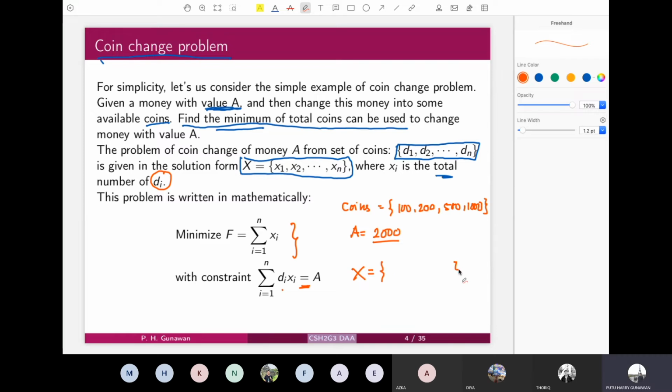It's a tuple of n, here 4 elements. So the optimal solution should be 0, 0, 0, and then 2, right? Yes. Okay.